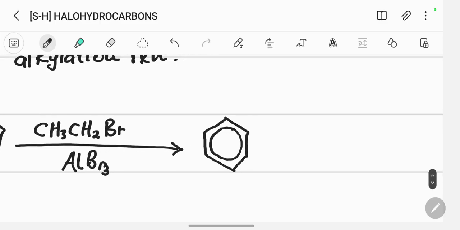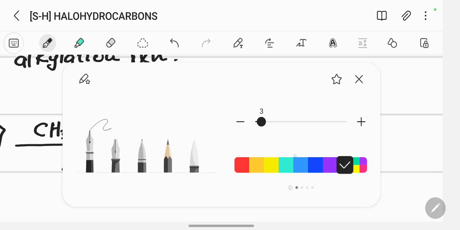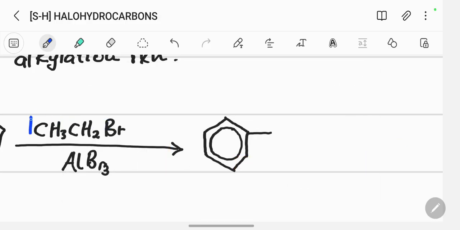We end up with that alkyl group, this one. We shall add this on the benzene. It's what you're interested in.